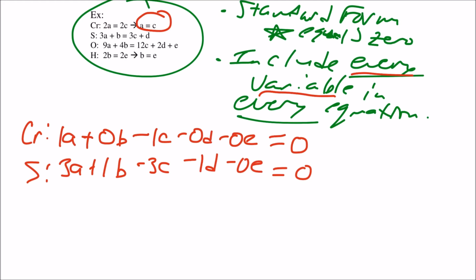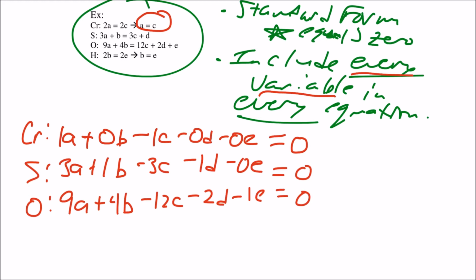Okay, now let's do oxygen's equation. So we've got 9a plus 4b minus 12c minus 2d minus 1e equals 0.